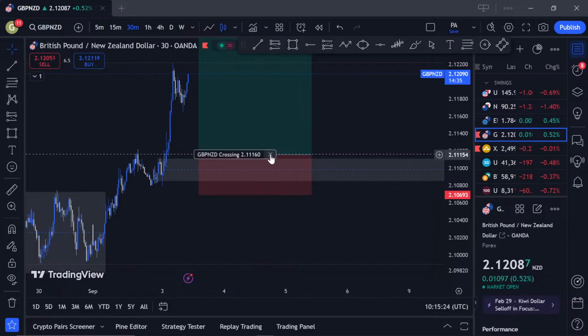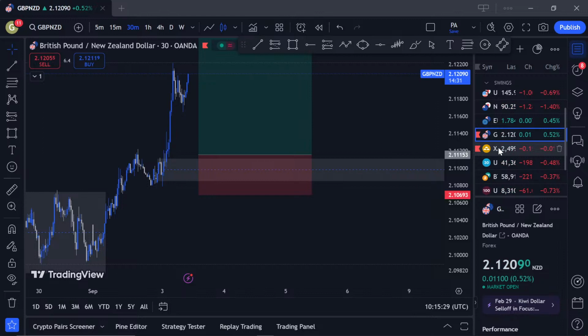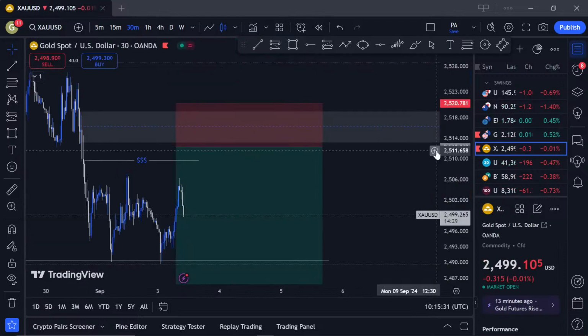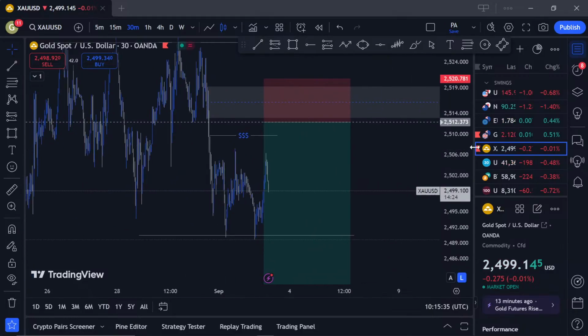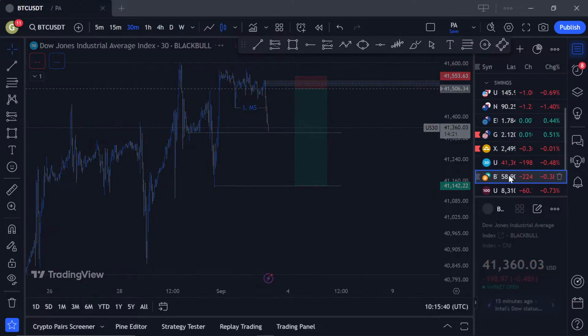So GBP NZD, let me remove the alert from here. I would rather put the alert on gold. Let me keep it on gold. But I'll still monitor it. I don't go anywhere, so I'll always be here monitoring my trading opportunities.